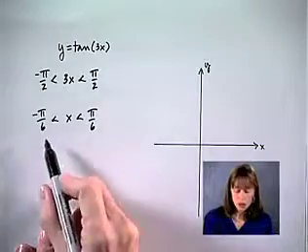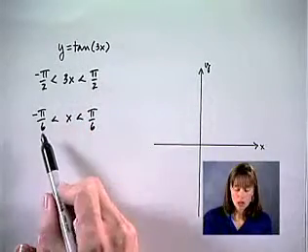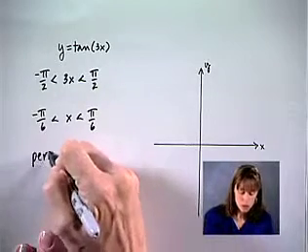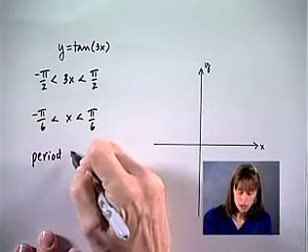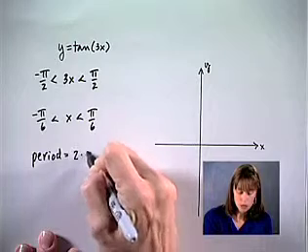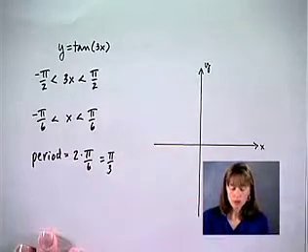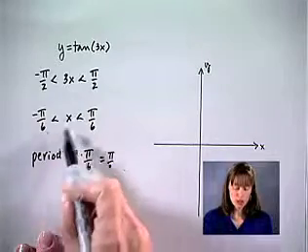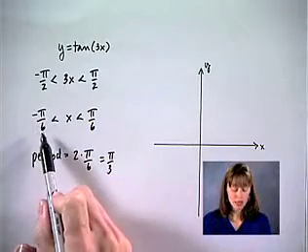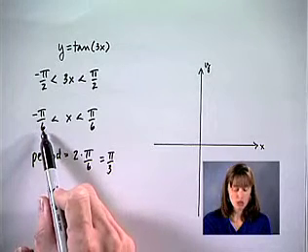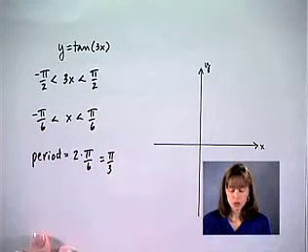The period of this particular function is going to be twice pi over 6. So the period is going to be 2 times pi over 6, which is pi over 3. And what this piece of information tells us is that the asymptotes for one particular cycle of this tangent function are at negative pi over 6 and pi over 6.